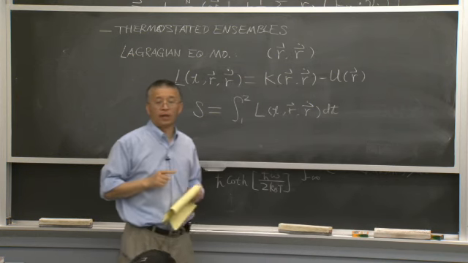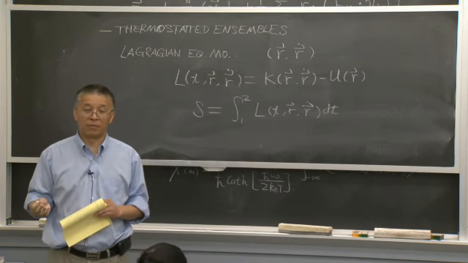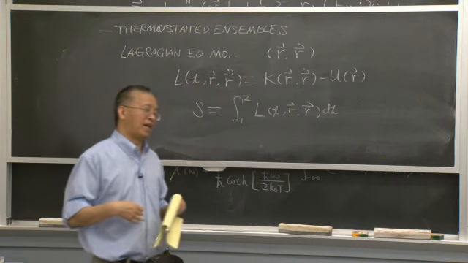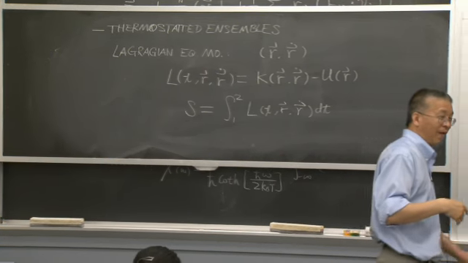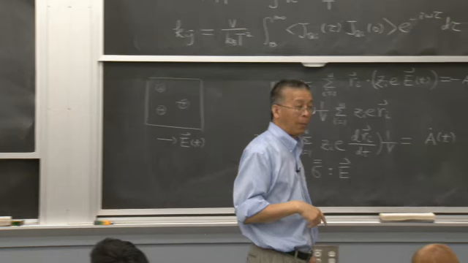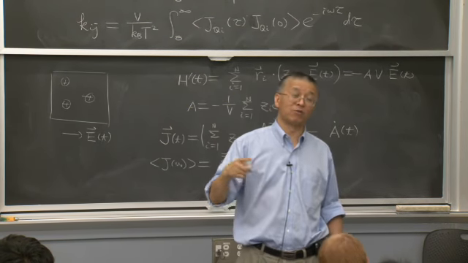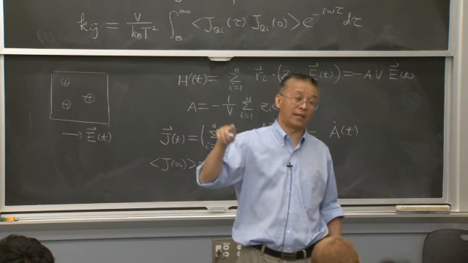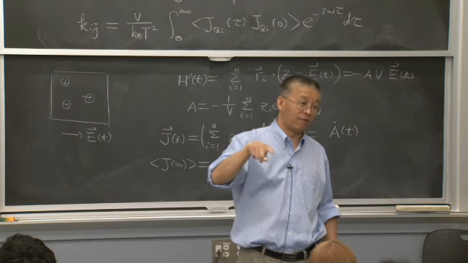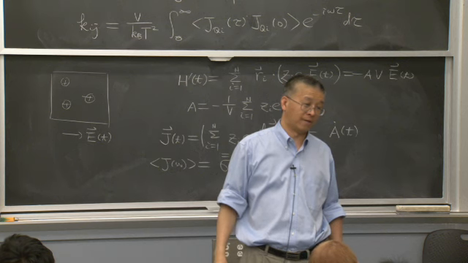And this should be extreme. It's maximum or minimum, and in fact, I don't know whether it should be maximum or minimum. But say its variation is 0. Okay? From there, you do variation, and you actually get the equation of motion for the Lagrangian.